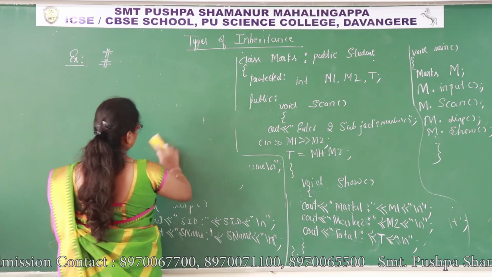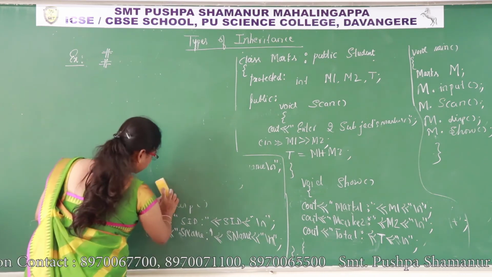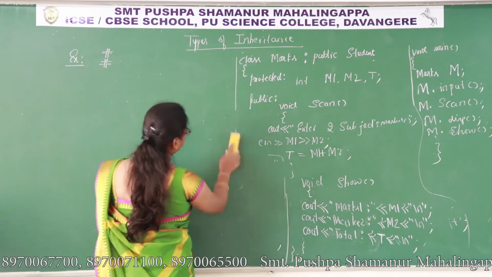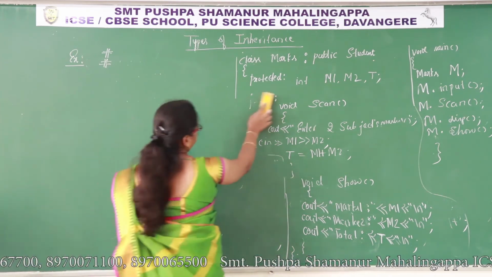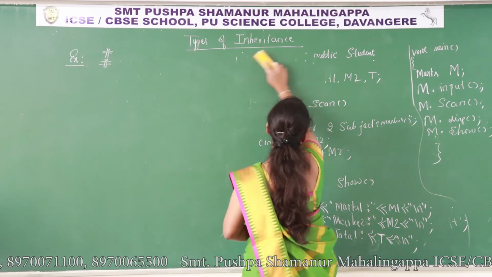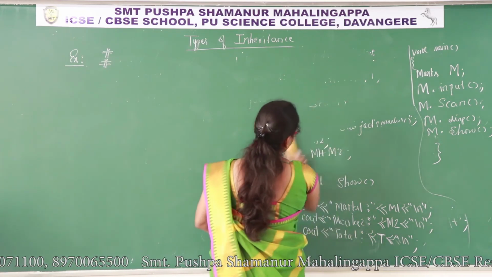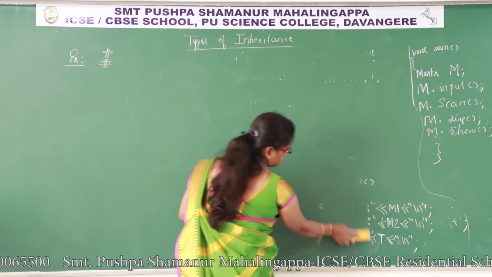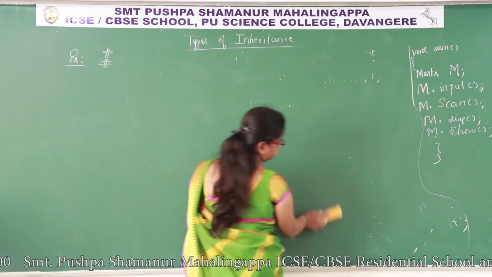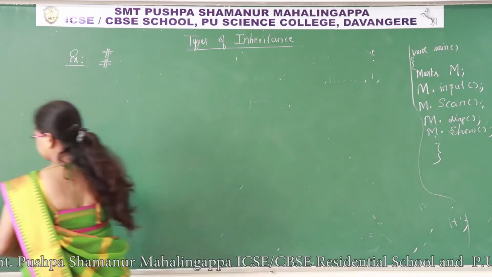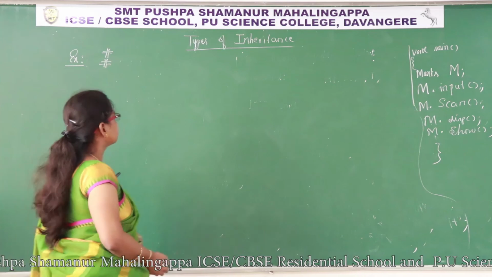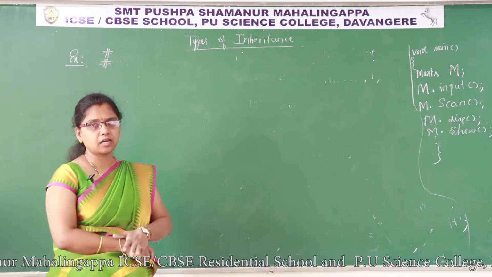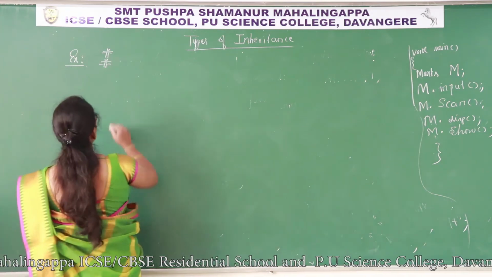To make you understand how to write easy programs, I'll show some other programs for the exam point of view. If these programs are difficult for you to write in the exam, you can go ahead with this program.